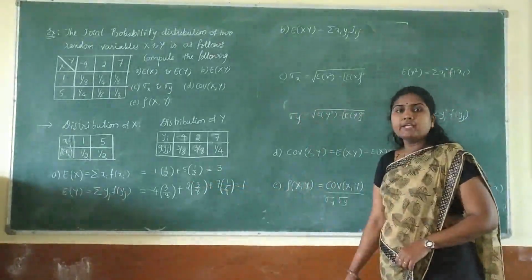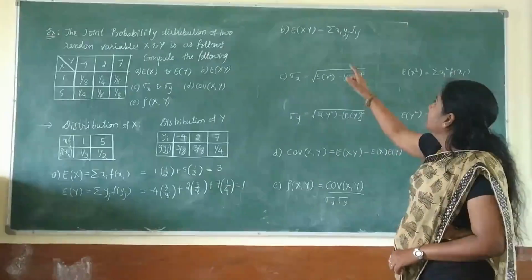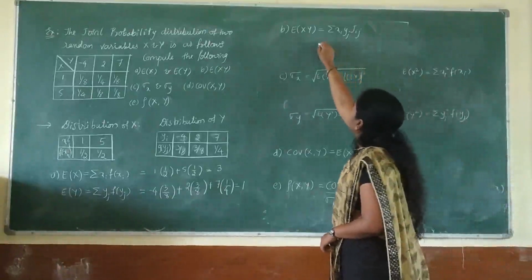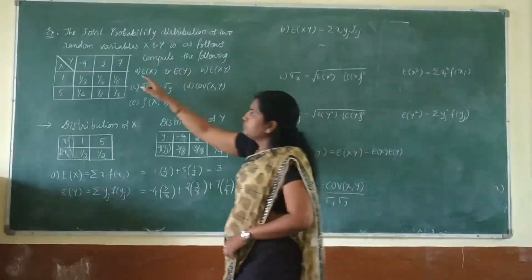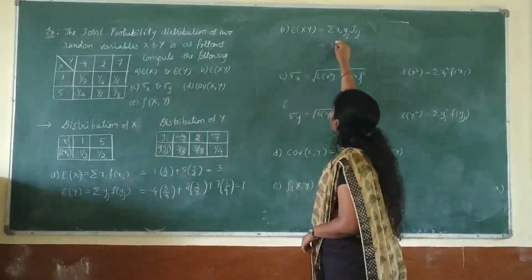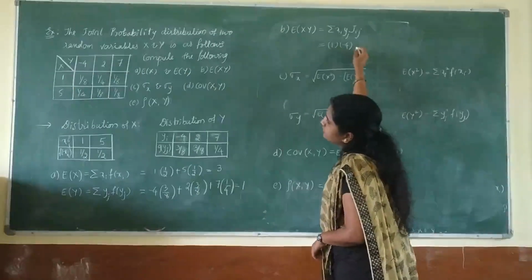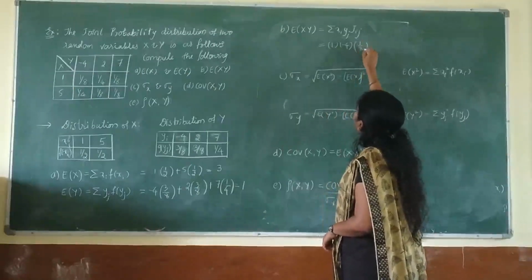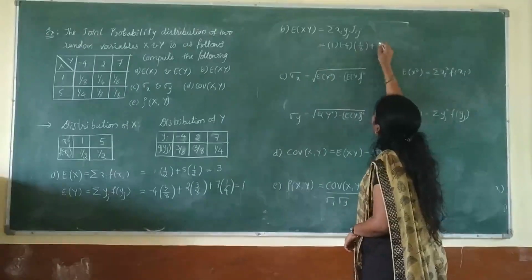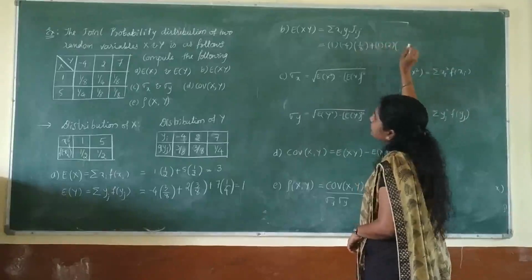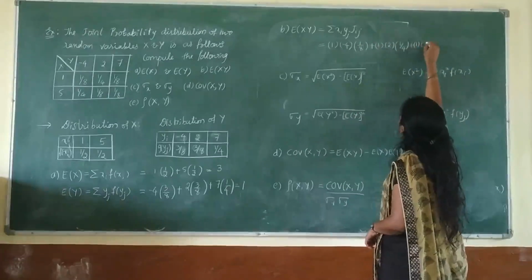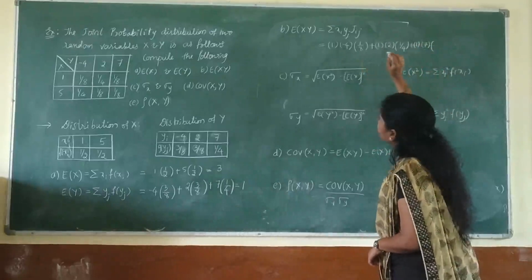Next they are asking expectation of xy. Expectation of xy is given by the sum of xi into yj into gij. That is sum of xy into gij. That is 1 into minus 4 into 1 by 8, plus 1 into 2 into 1 by 4, plus 1 into 7 into again 1 by 8.